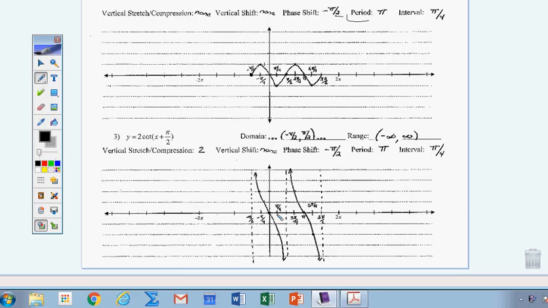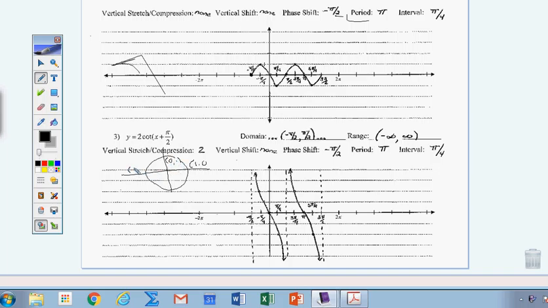If I look at the unit circle here, right here I have 1, 0. I have 0, 1.